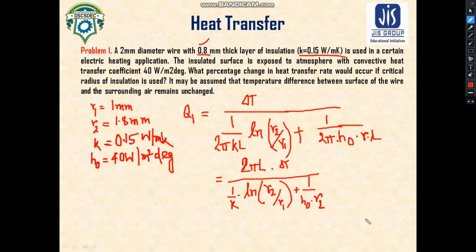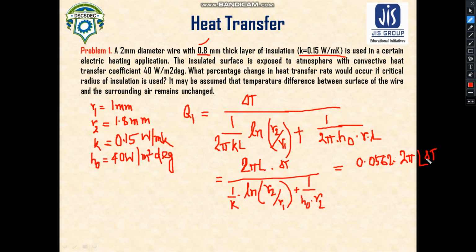And now you can see that you have all the values you require, and after putting all the values you will see it becomes 0.0562 into 2 pi L delta T.